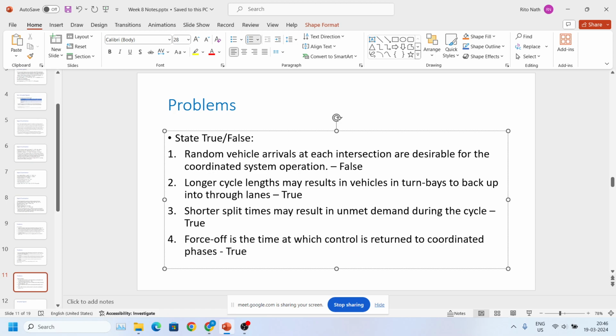Okay, maybe going to another problem. Let's see what's remaining. There is a matching type problem about progression: flexible progression, reverse, alternating, simultaneous. Those are direct definitions and characteristics, so I think it's easy. Next is something about which one of them is true about vehicle platoon dispersion. That's again easy to answer.